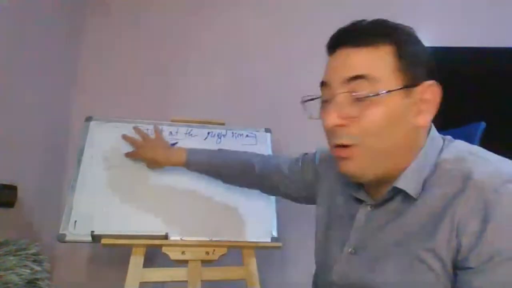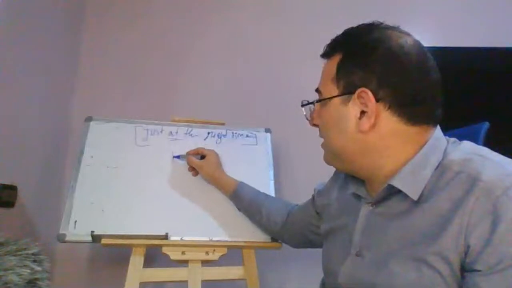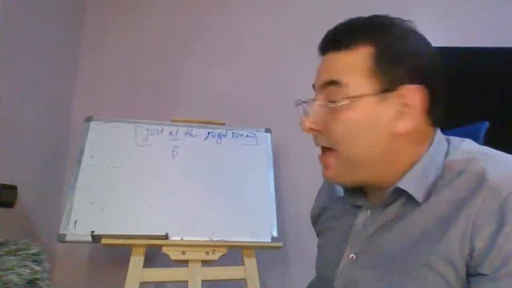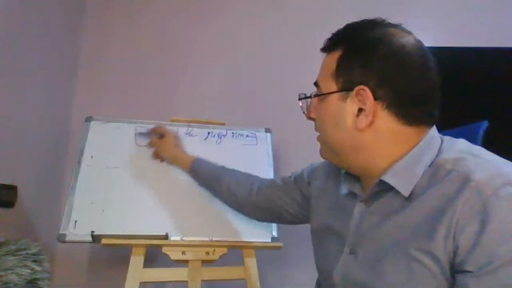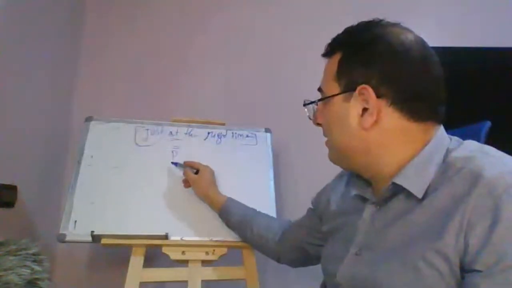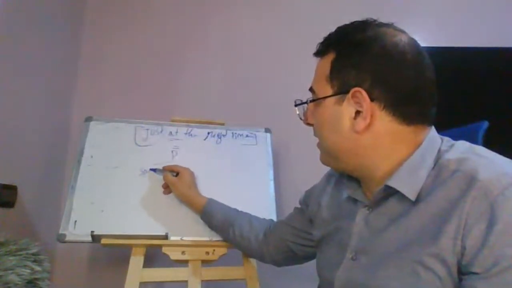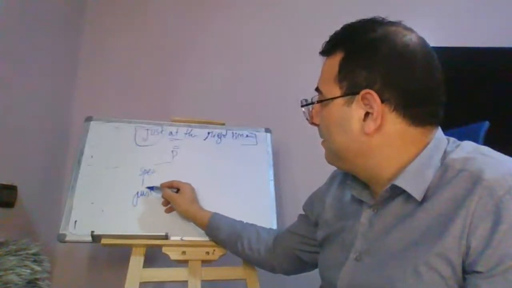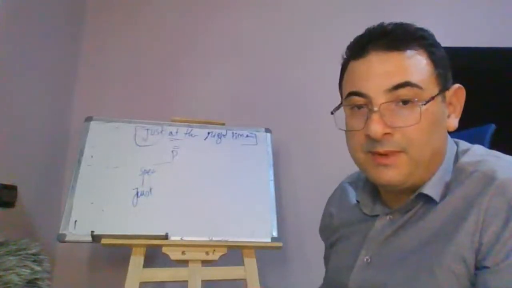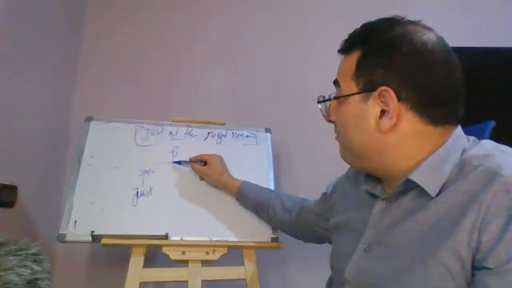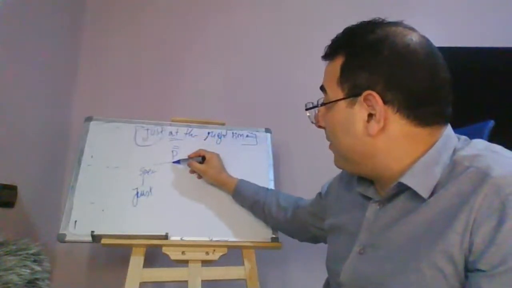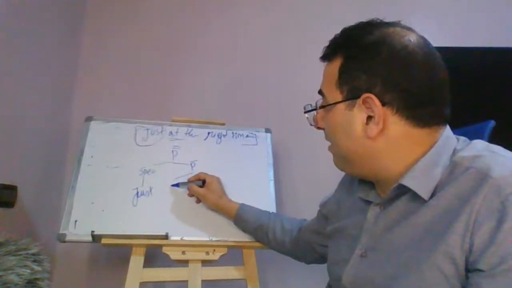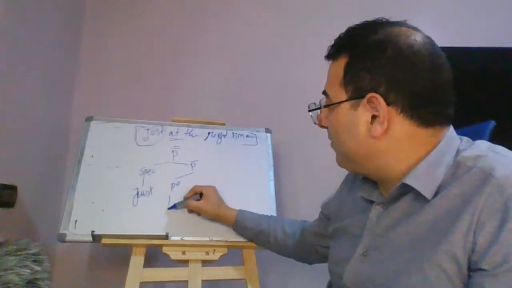So the whole thing here is a prepositional phrase, P double bar, and then you have this one here, a specifier. So I have to write spec here, and I write "just." Look at this. I have a P bar, and then you have P0 "at."